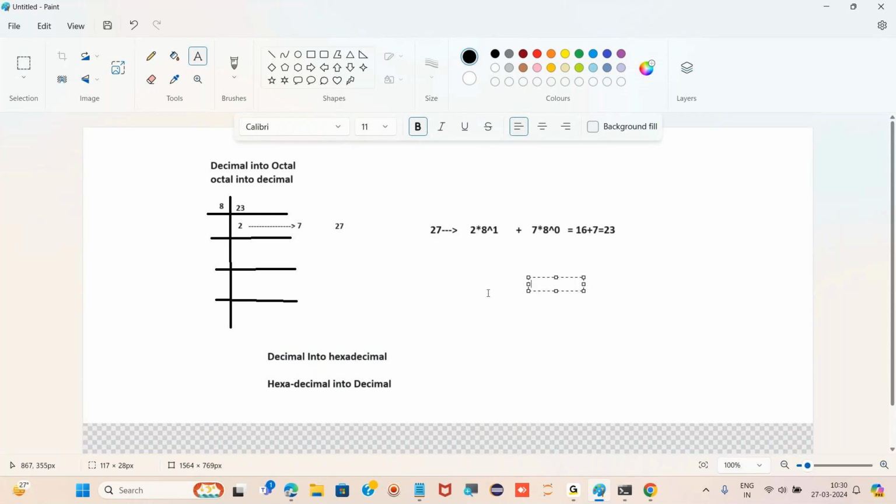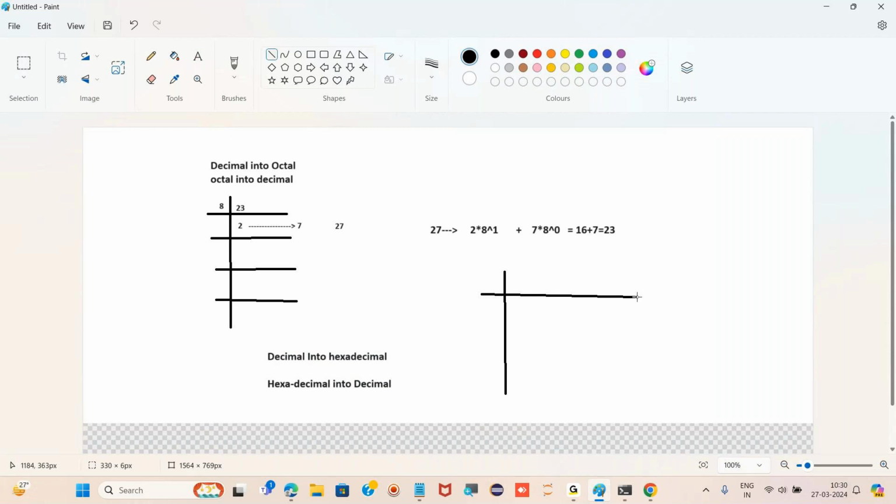Simple. Decimal into hexadecimal. Basically, we are converting a decimal value. Let's suppose 168 we are taking.